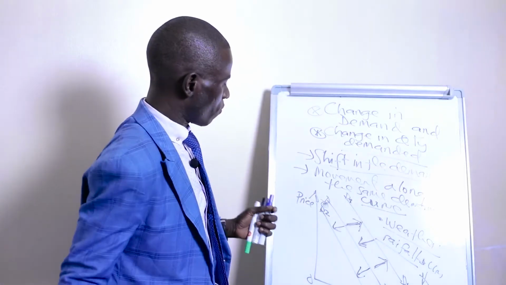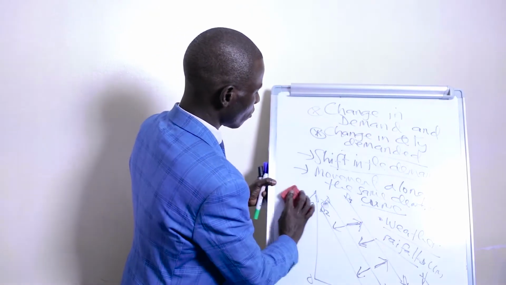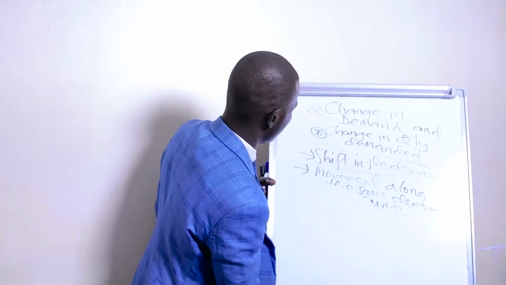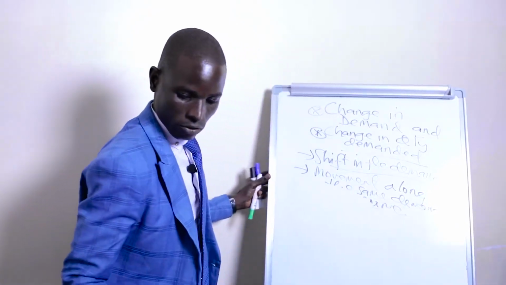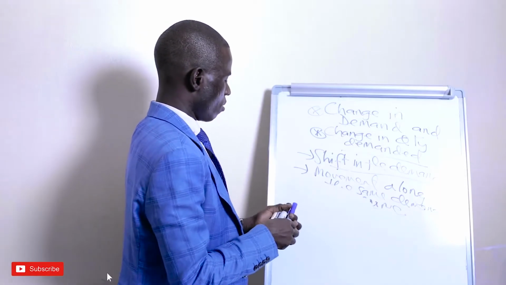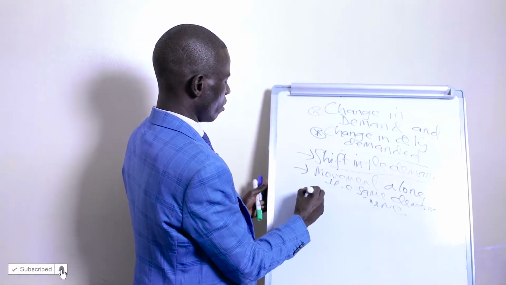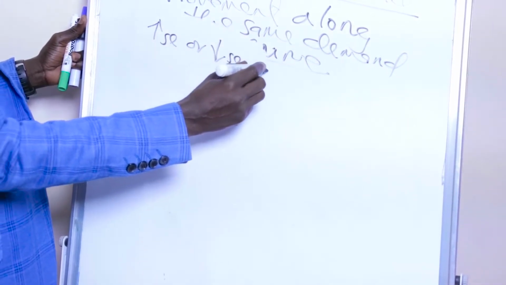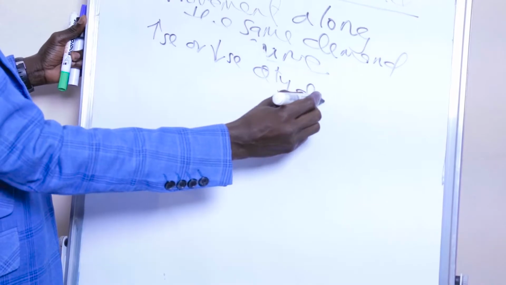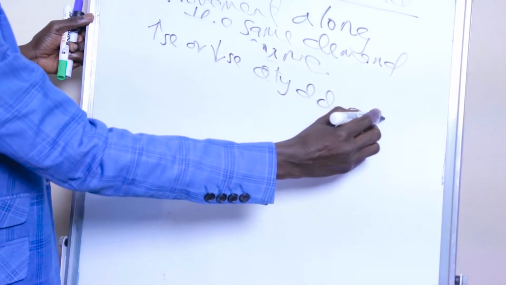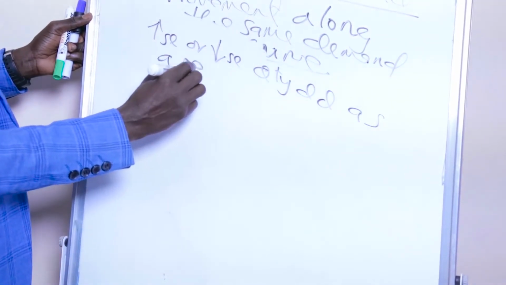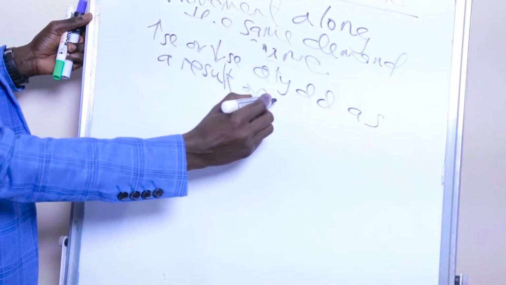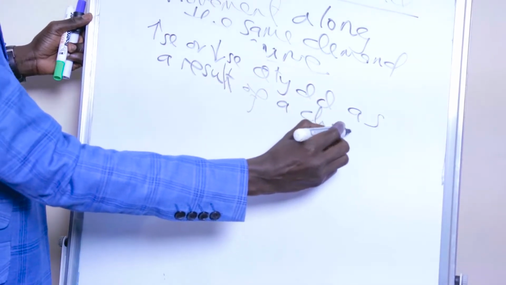Therefore, let us try to briefly define the concept of change in quantity demanded. Change in quantity demanded, by definition, is the increase or decrease in the quantity demanded as a result of a change in price.